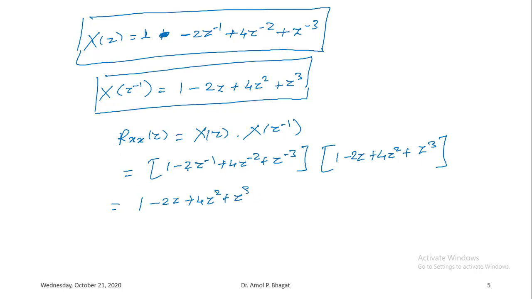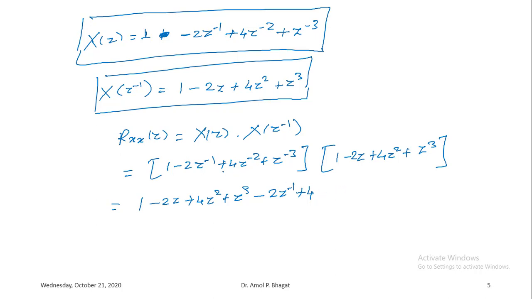Then I will multiply it with minus 2z inverse, so it will be minus 2z inverse. Then this minus minus plus will be there, so plus 4 z inverse multiplied by z, so this will be z to the power 0.